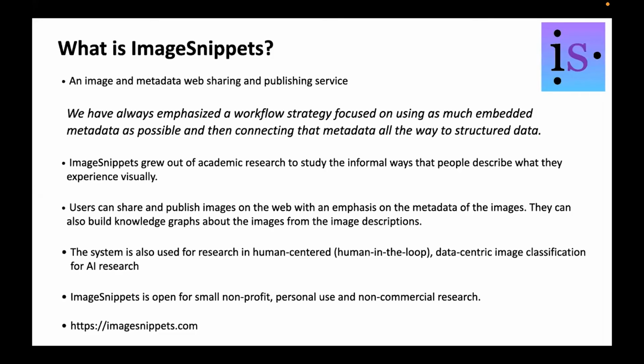So we also use ImageSnippets for research in human-centered or human-in-the-loop, data-centric image annotation for AI research. So some of the people have mentioned earlier about the quality of the image annotation that we've gotten from AI.